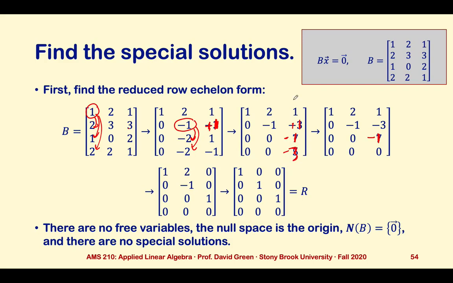Negative 3 here. And then we would move over to our next pivot, and once again eliminate downwards. It does give this row.